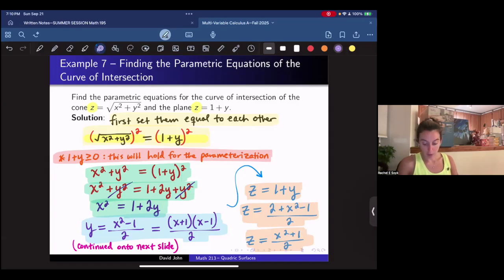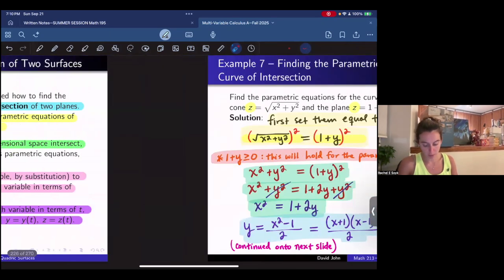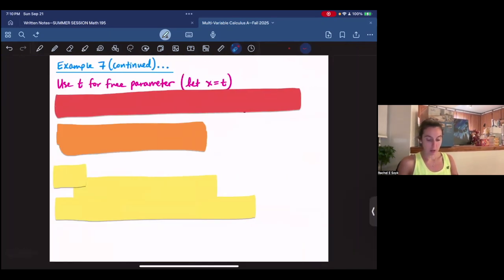That was our first step, expressing one variable in terms of another. And now the second step is introducing the parameter t and writing it in that sort of function notation form. And so again, we're going to let x be equal to t here.